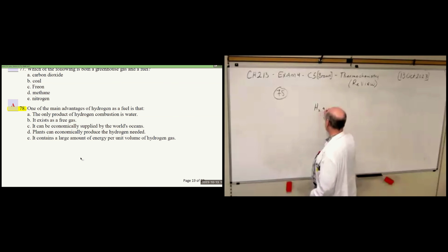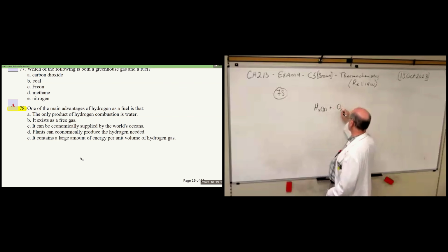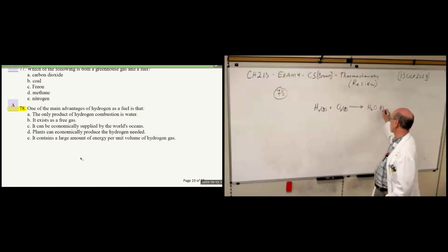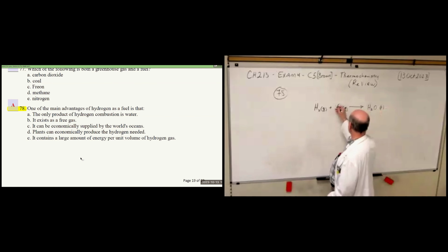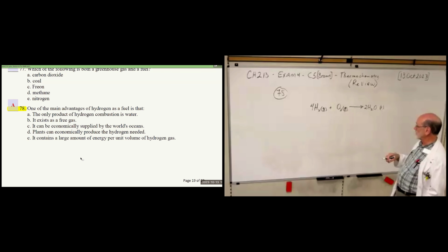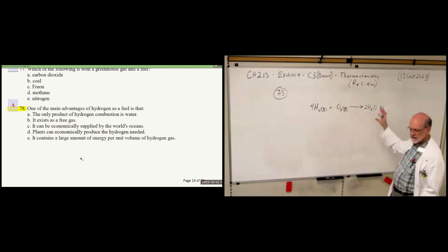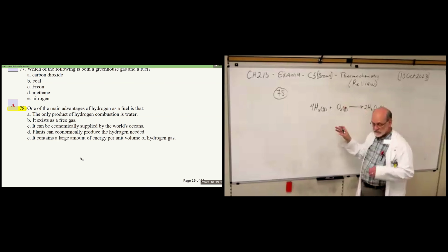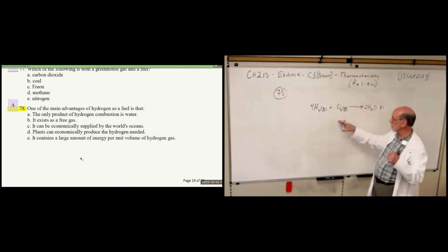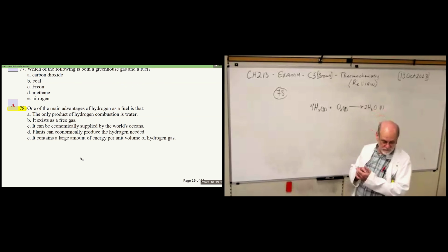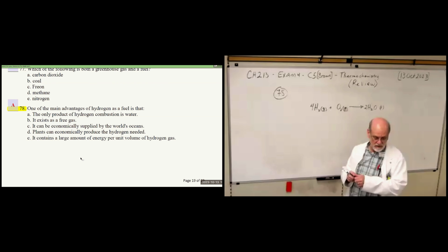Hydrogen gas plus oxygen gas yields water. All right, so we need two of these to make oxygen and 4 of these. So that's not the heat of formation, but it doesn't matter for our purposes here. One thing that's great about this is that the only product it produces is water. And out of those 5 possibilities, that's the best answer.